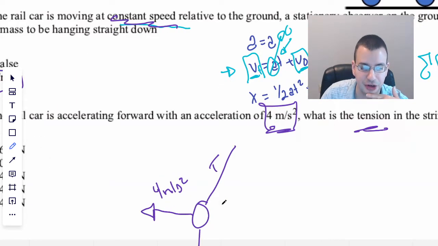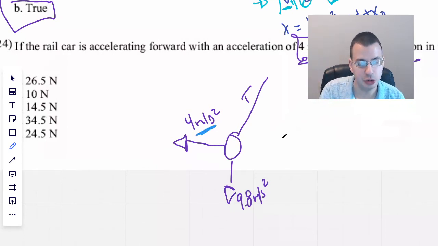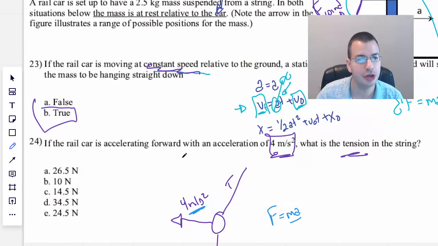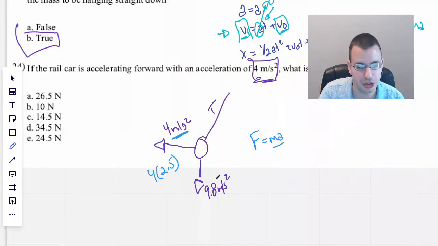So to find this, we're going to convert these accelerations into forces. So force equals mass times acceleration, since tension is a force, so we know we have 2.5 kilograms. So I'll do 4 times 2.5. I think that's 10. I wonder if I can just do this in my head. We're going to try.